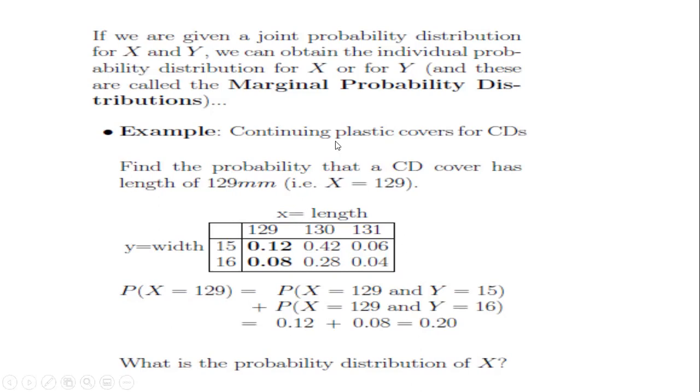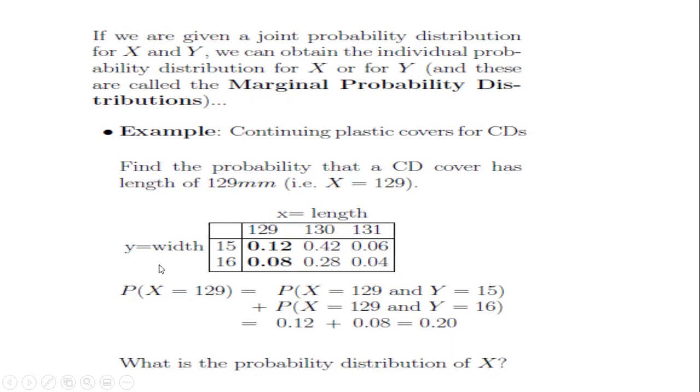अच्छा plan है. But I will just tell you about the marginal, just the last slide. ठीक है? Marginal, what does it mean? You are given the joint, but you are only trying to find the probability of one of them. So you have to add the probabilities for all the values of that particular random variable across the values of the other. For example, if I ask, what is the probability that the length is 129?